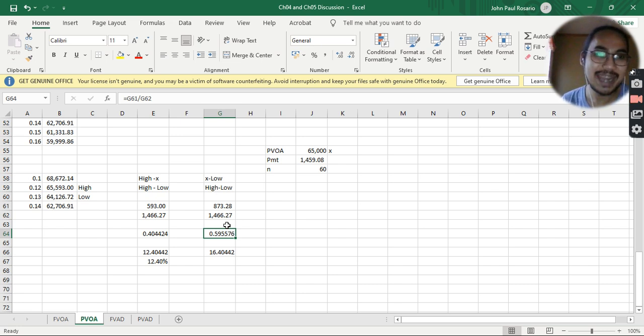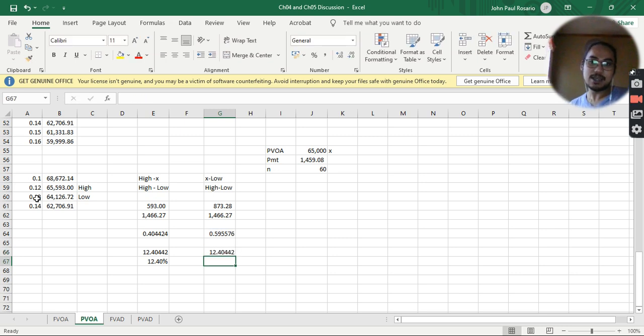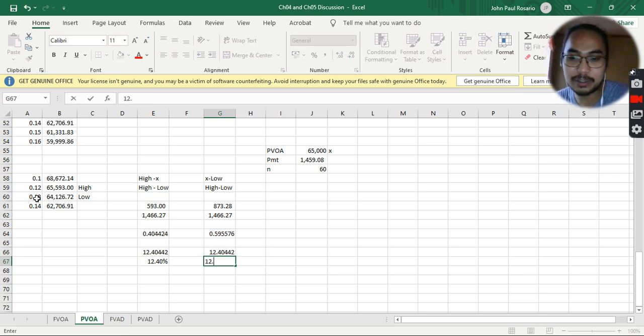And then what should we do next? Determine what we used as our constant. We used low as our constant, so we start with low, which is 13. To get a number in between 13 and 12, we have to deduct what we got from 13. So this is 13 minus. This will still give you 12.40%.